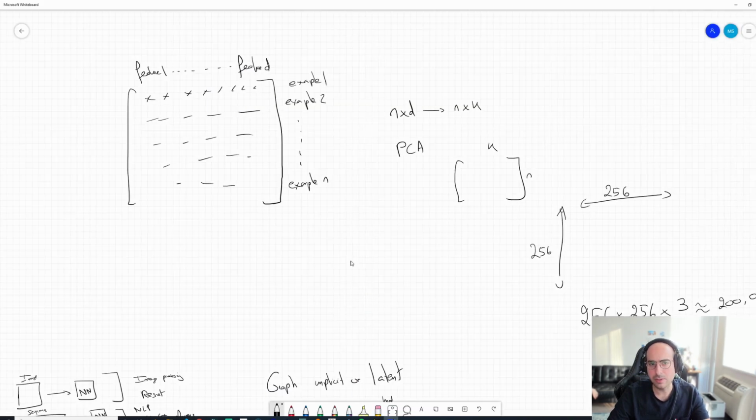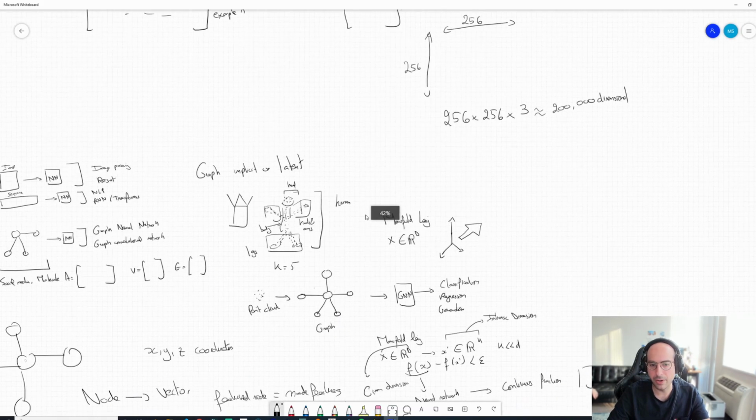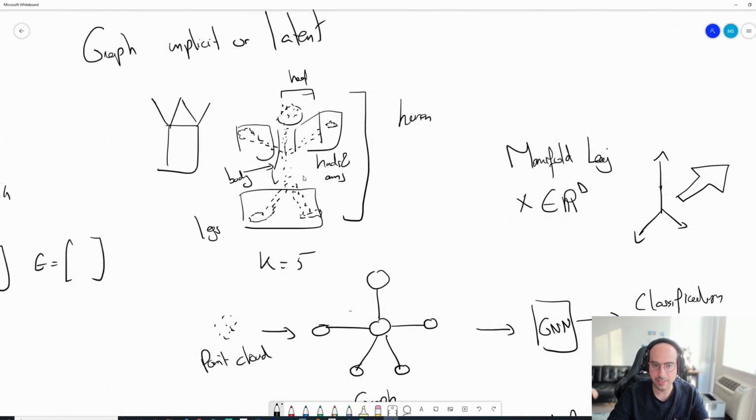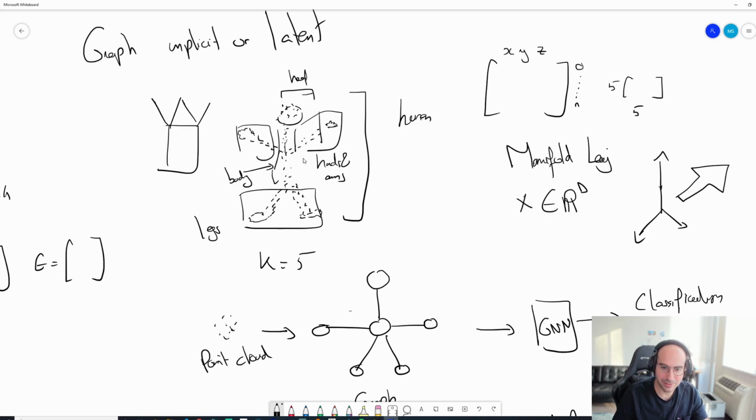But another way to view this is, if your actual data set looks something like this, then for each point you have three values, right? So let's just draw this out. You're going to have your x, y, z coordinate, and then you have 0 to n points. So this is extremely high dimensional, but if you could replace this with a graph that is just 5 by 5, for example, it's going to be a lot more tractable to do machine learning.